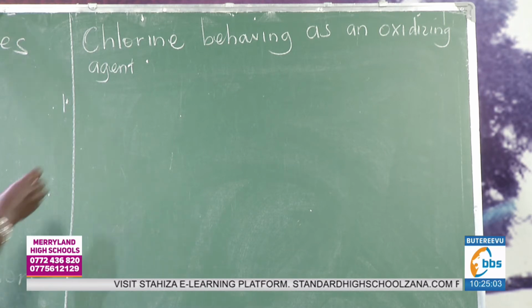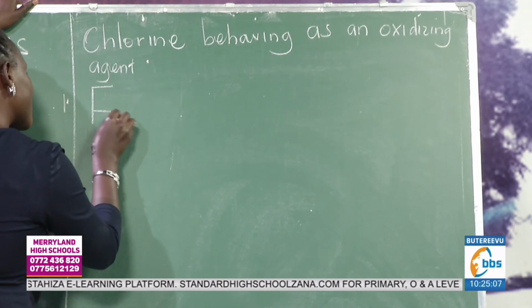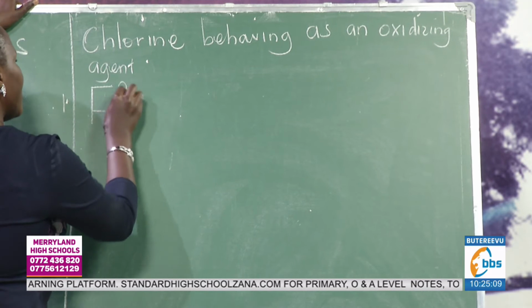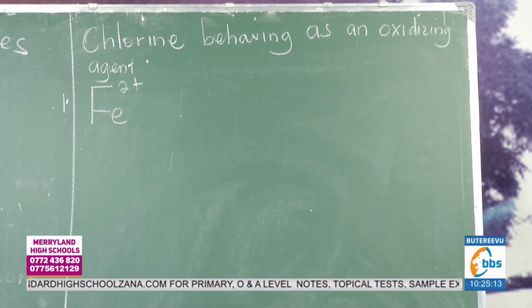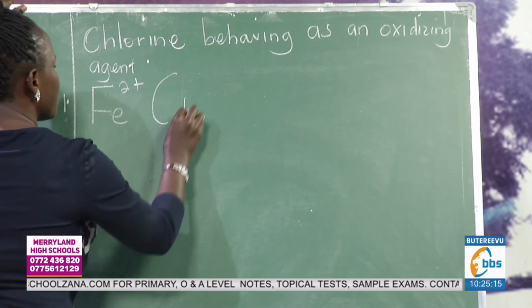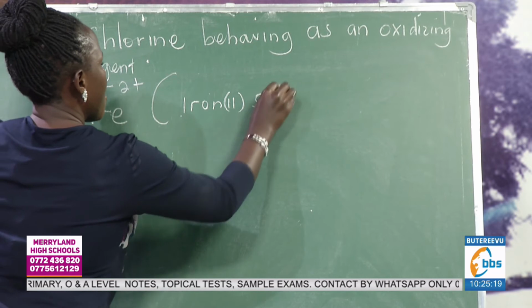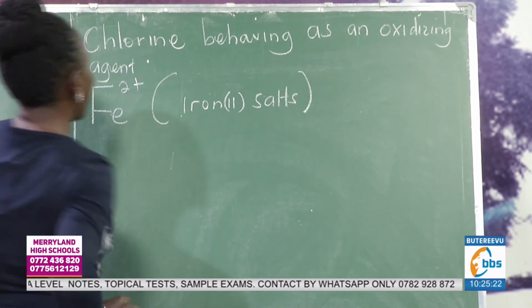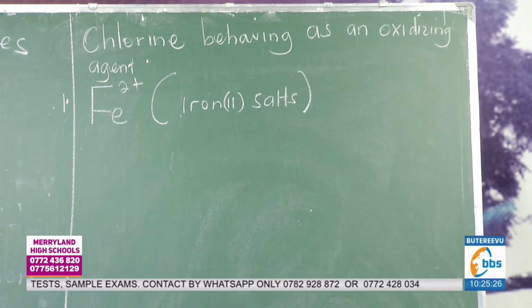So, whenever you bubble chlorine gas through iron 2 salts, what happens? The iron 2 salts will be oxidized to iron 3 salts.